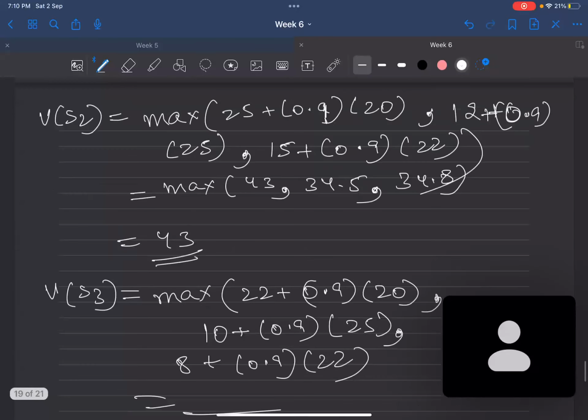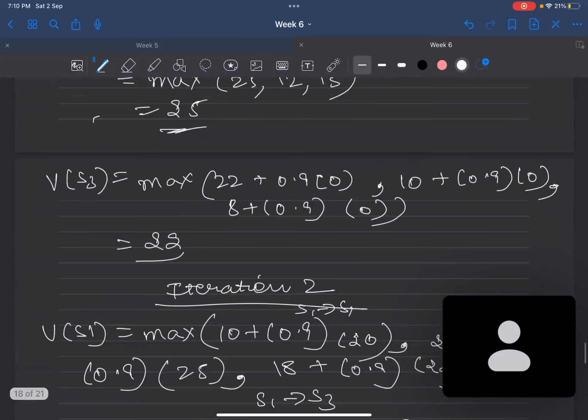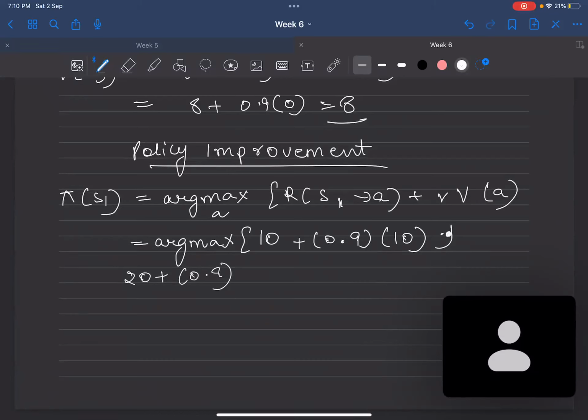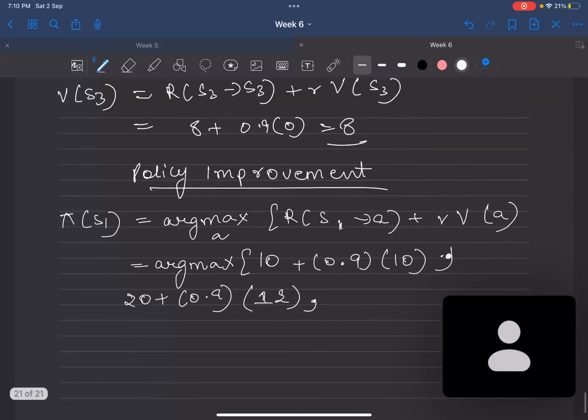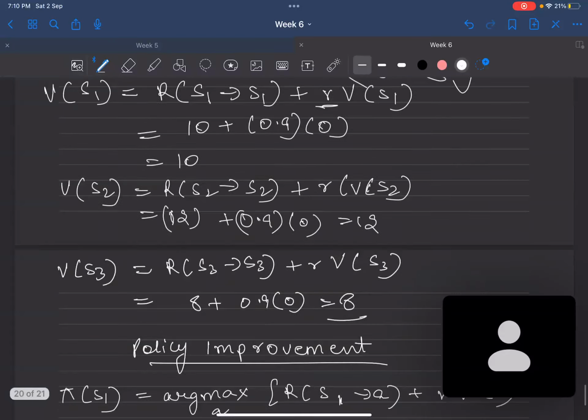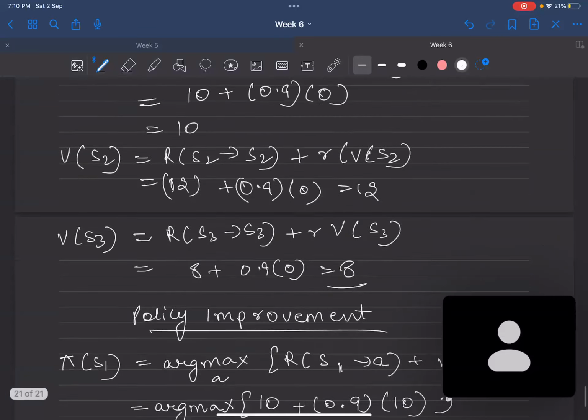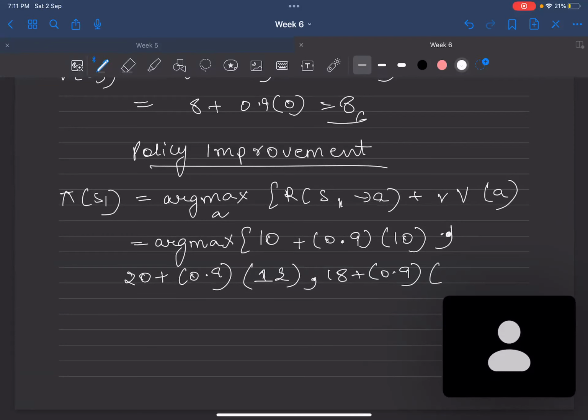S1 to S2 is 20. Okay, 20 plus 0.9, and what is the value of S2? 12. What is the S1 to S3 reward? S1 to S3 is 18. And what is V of S3? 8.